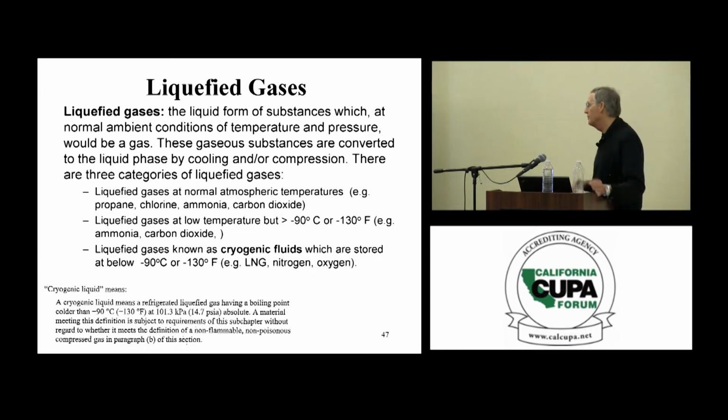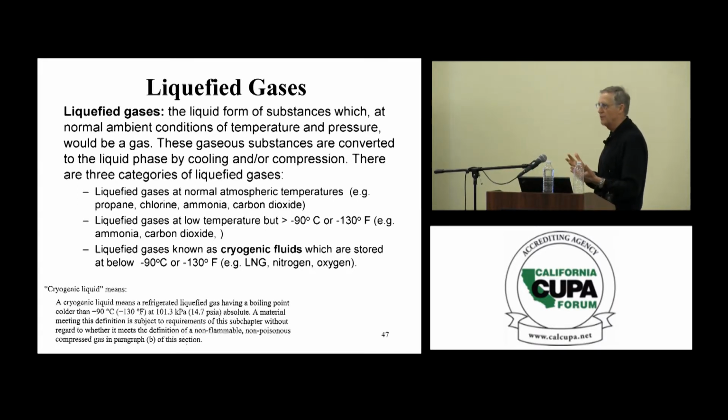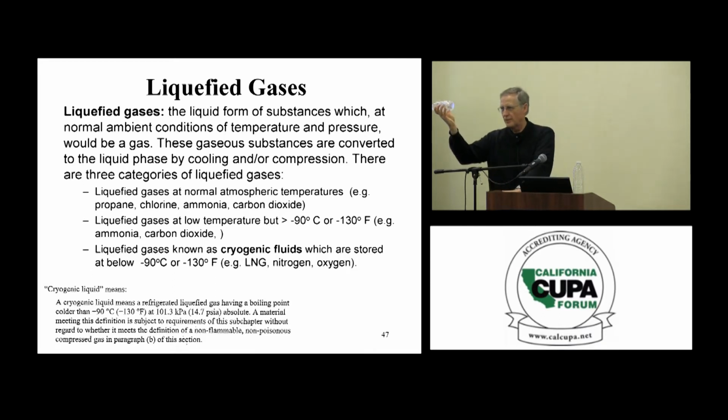Liquefied gases fall into a number of categories, and from a regulatory standpoint, you need to be able to differentiate between cryogenic and non-cryogenic liquefied gases because of some exemptions in terms of thresholds. So, liquefied gases at normal atmospheric temperature: I've got a pressure vessel, this bottle, rated and still transparent, at 250 pounds gauge pressure.